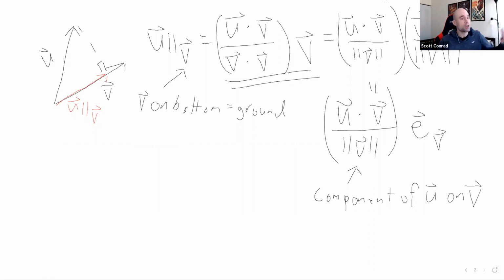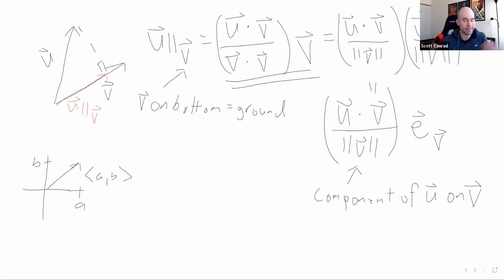Remember we talked about components of a vector? I'll do it in R2 real quick. In R2, if we have a vector that goes A along the x-axis and B along the y-axis, we think of this vector as (A, B).